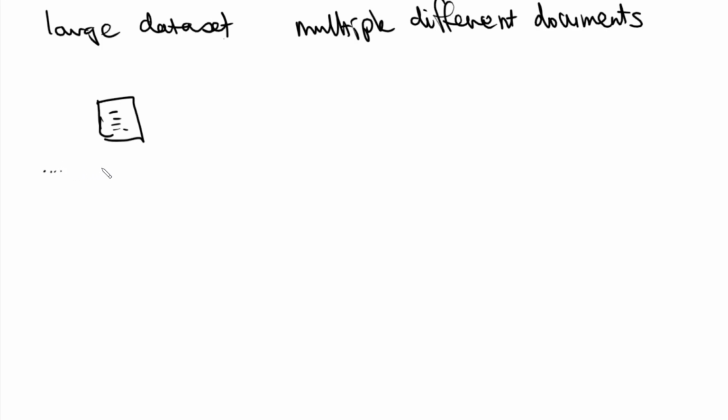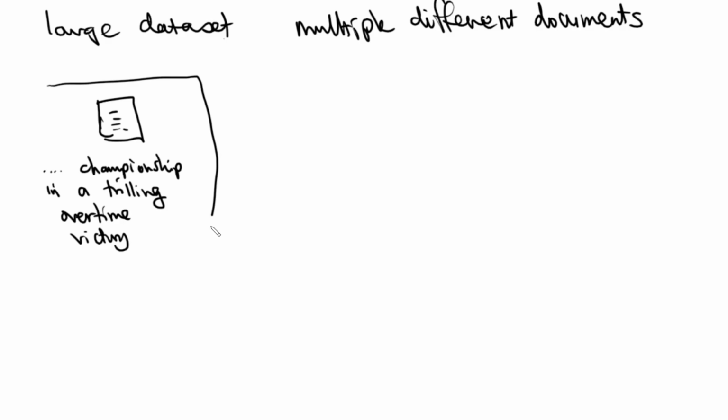It's a book talking about maybe a competition, and then it will say at the end, championship in a thrilling overtime victory. So this is one document. That's a book, and then we're going to have another book, another document here.